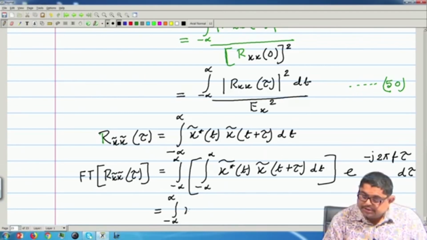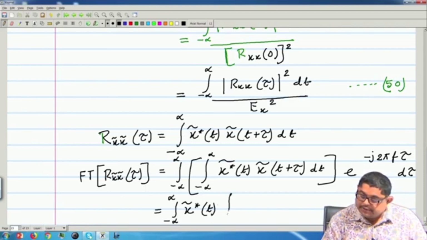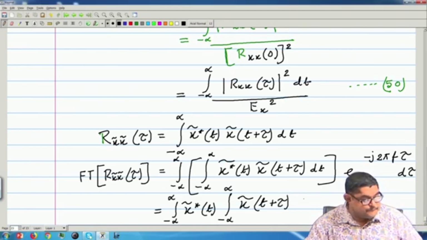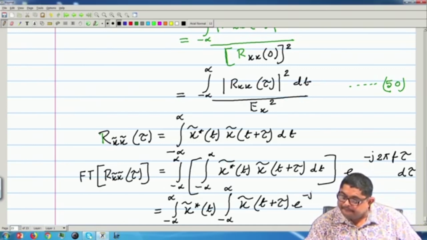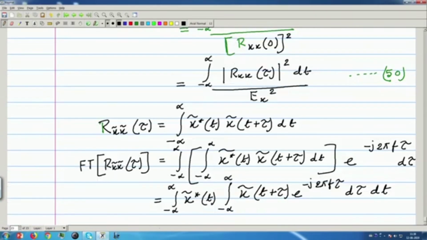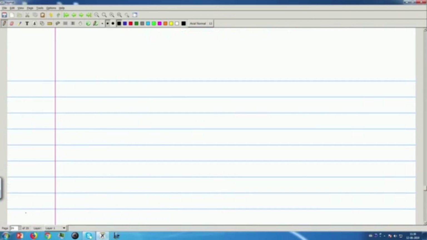So, this x tilde t can be taken out, and this boils down to this.